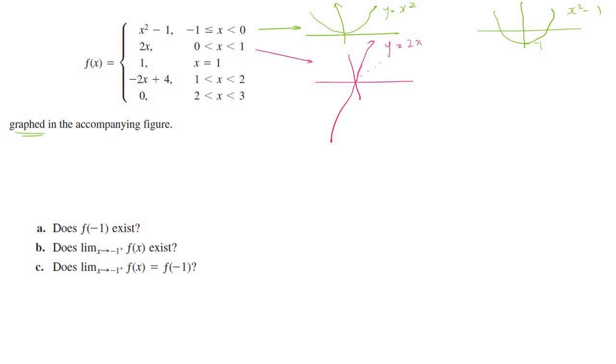Let's look at this graph over here. This is actually a point. When x equals 1, there is no variable here. So it represents the point (1, 1).